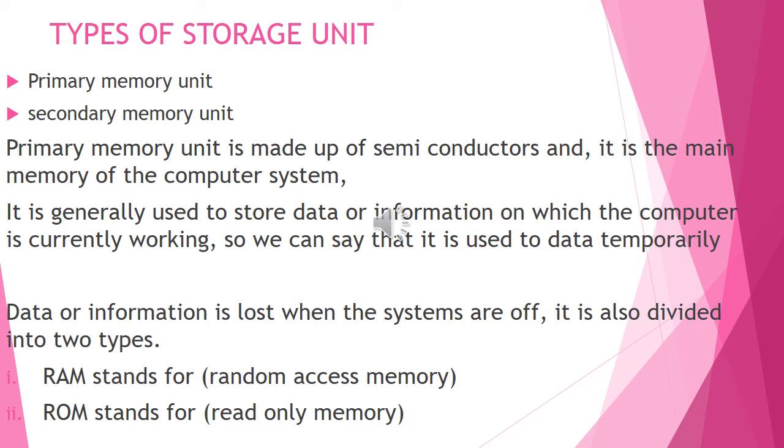It is also divided into two types. Let's see those two types of memory. We have RAM, which stands for random access memory, then ROM, which stands for read-only memory.